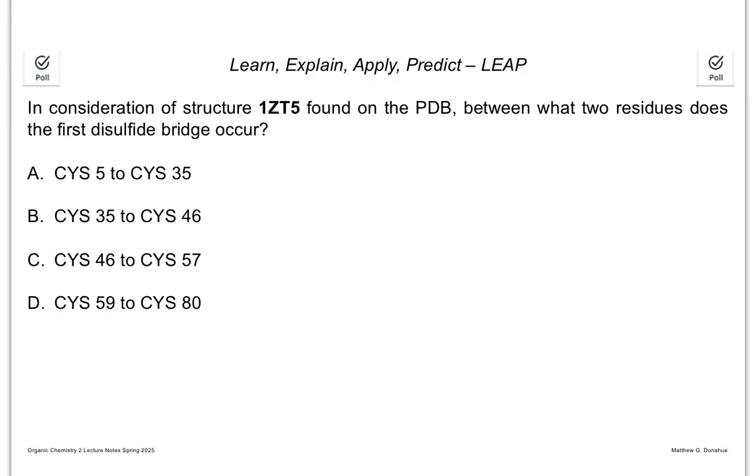Between what 2 residues does the first disulfide bridge occur? So A is the correct answer. Are you able to find that information?